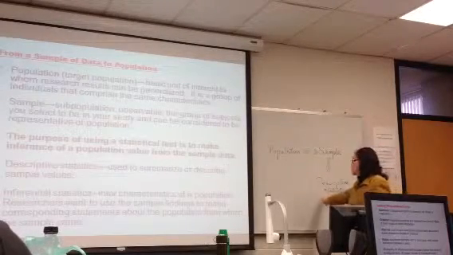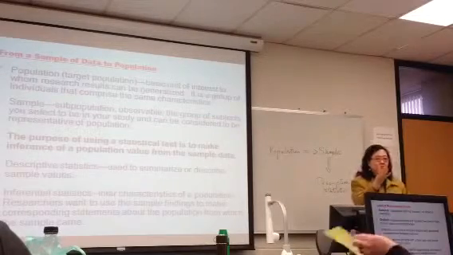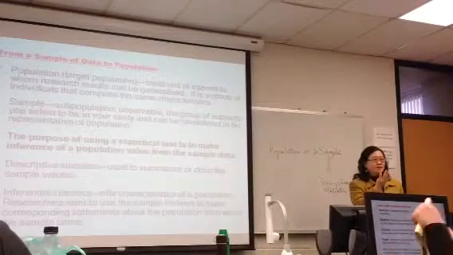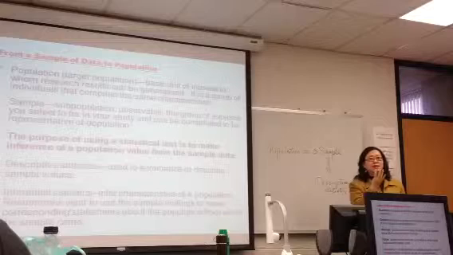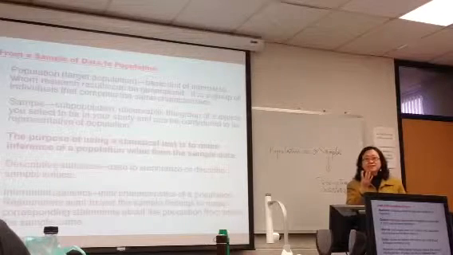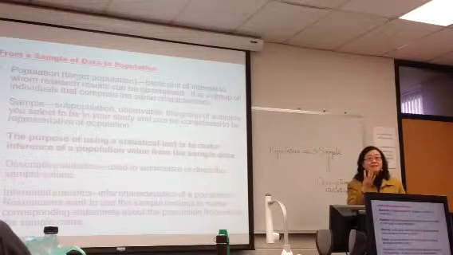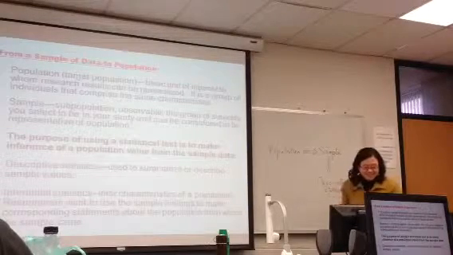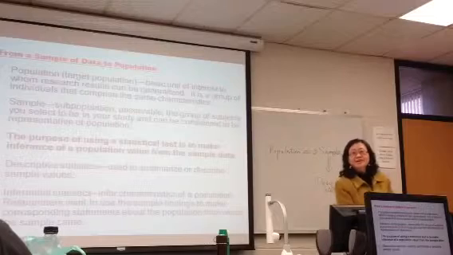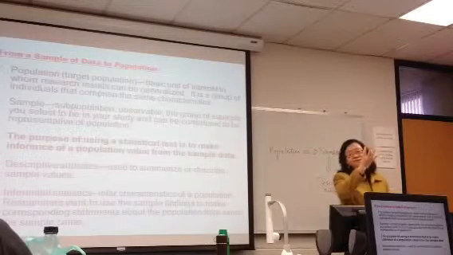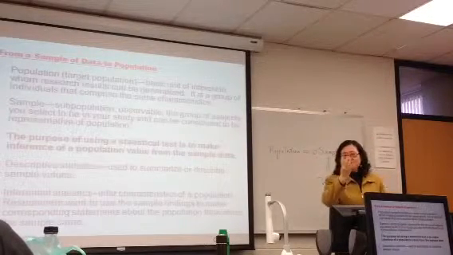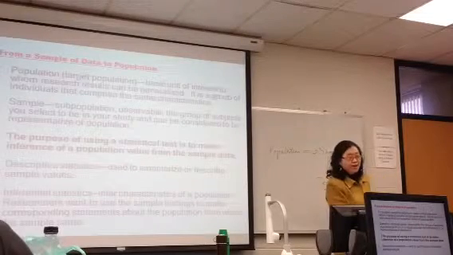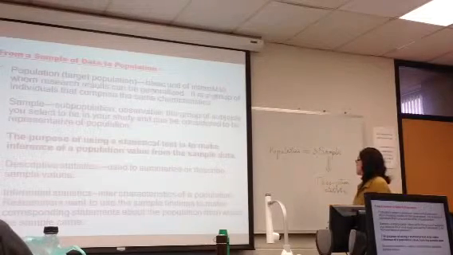Descriptive statistics, only 4 types of it. Have you heard of any other statistic? No, never. Only 4 types. People think statistics has so many, so complicated. No, only 4 types of descriptive statistics.